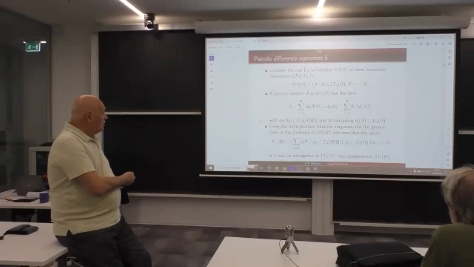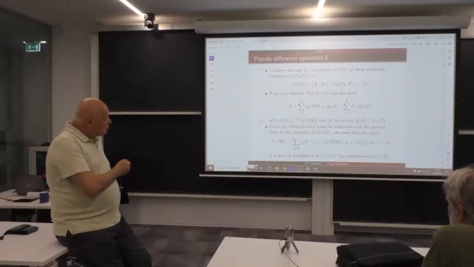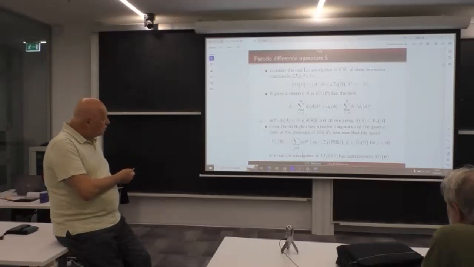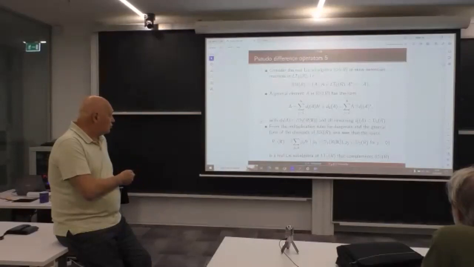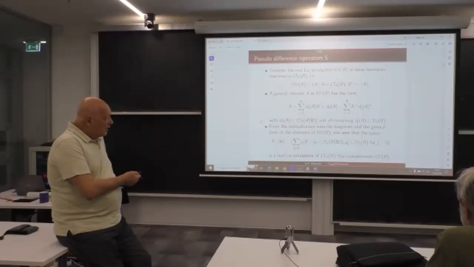Now, this SHR has a complement inside the pseudo-difference operators. That's the P minus R. It consists of all pseudo-difference operators that have zeroth diagonal that's real, and all other negative diagonals are arbitrary.